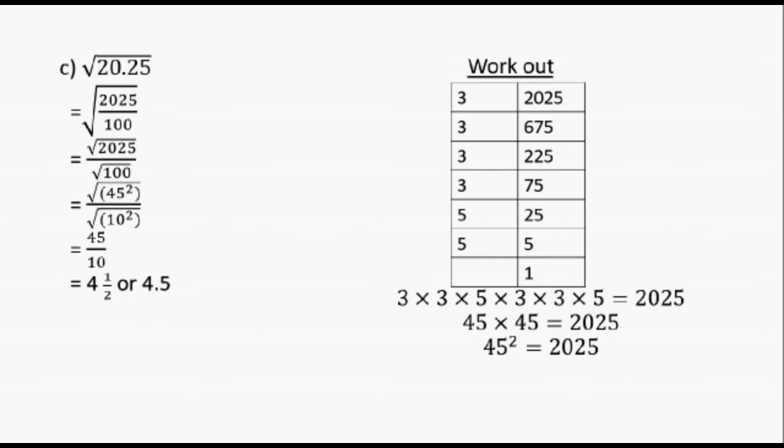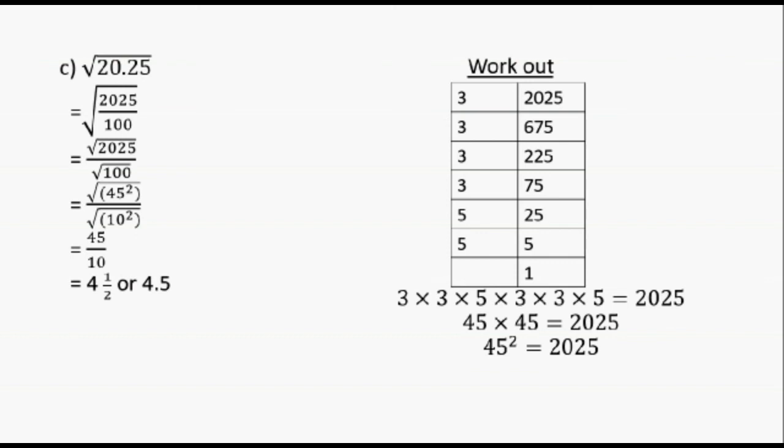When you are given a mixed fraction, convert it into an improper fraction, get the square root of the numerator and the square root of the denominator. When you are given a decimal number, you are supposed to change the decimal into a common fraction, and then you get the square root of the numerator and the square root of the denominator.